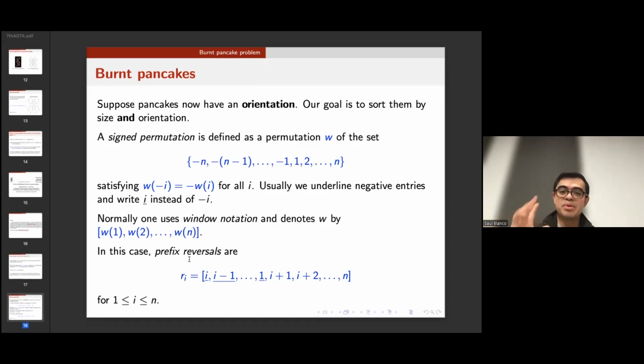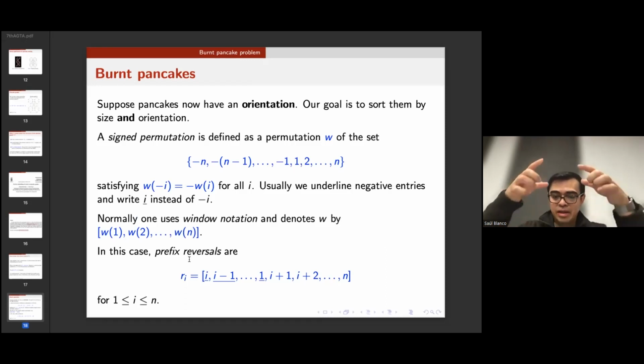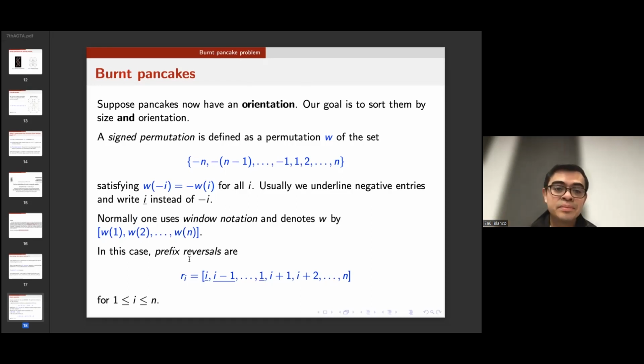So it has a burnt side and a non-burnt side. And when you're sorting the pancakes, you want to sort them in the respective order according to their size, but also in such a way that all of the orientations match. So you want the burnt side all the way down.